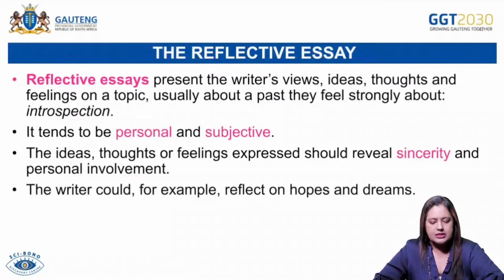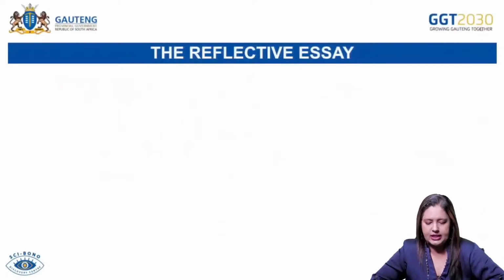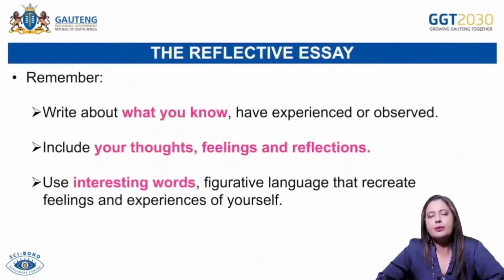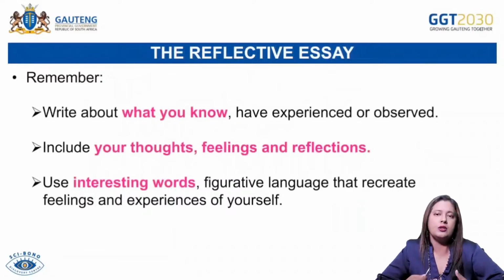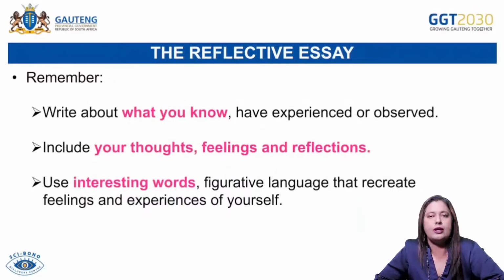Right. The writer could, for example, reflect on his hopes, on his aspirations, on his dreams of where he'd like to be in the next 5 to 10 years. Now, remember with the reflective essay, the word reflect means just that. Contemplate, deep thinking, introspect on ideas or experiences you have gone through thus far.